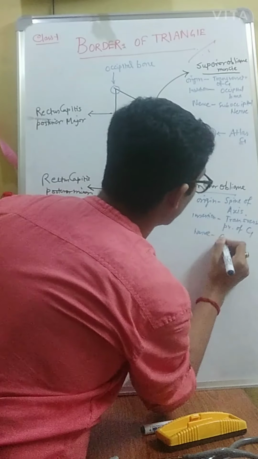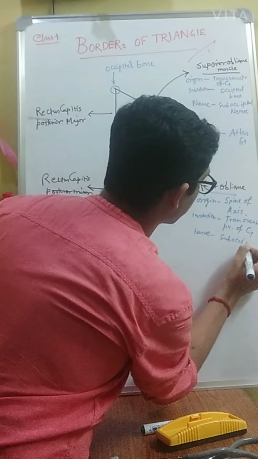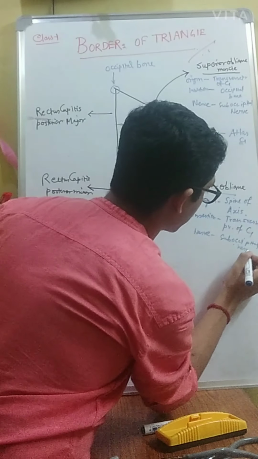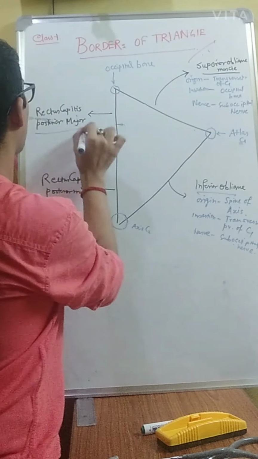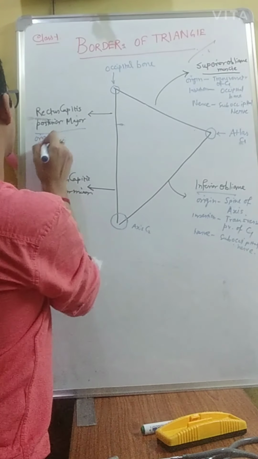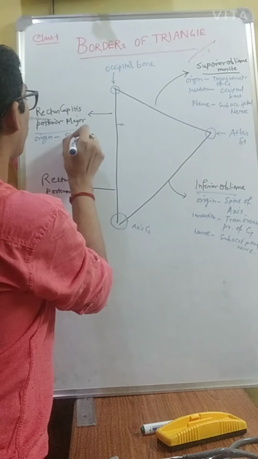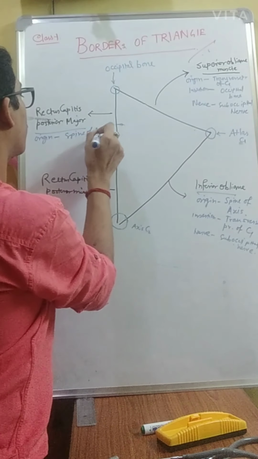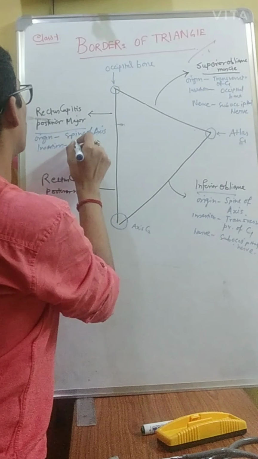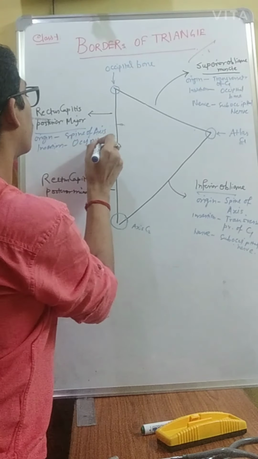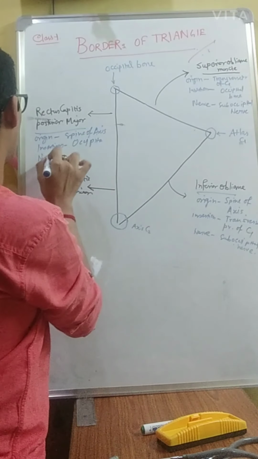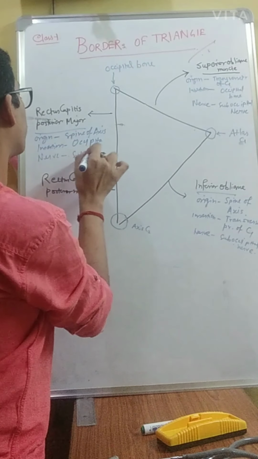Nerve, sorry, again a mistake. Rectus capitis posterior major: the origin is from the spine of axis, and the insertion will be at the occipital bone. From the spine of axis to the occipital bone, and the nerve is the suboccipital nerve.